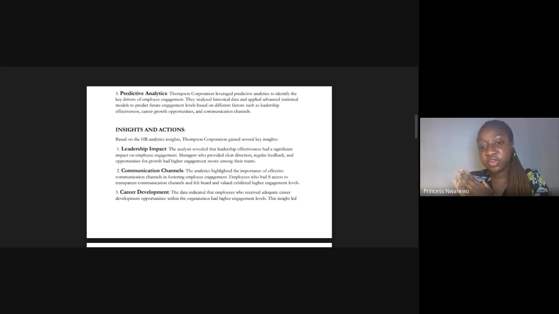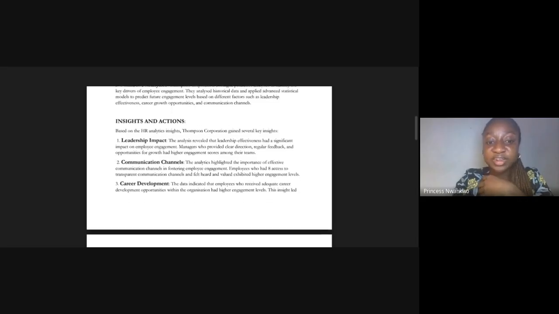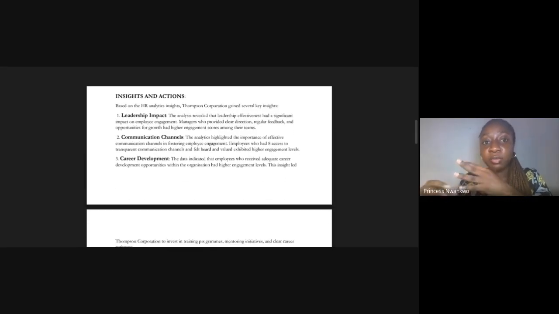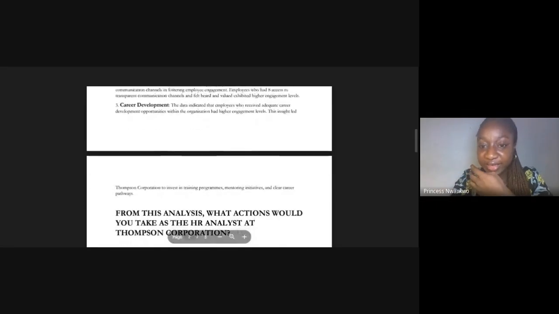Another thing discovered from the analysis was the importance of effective communication channels. They noticed that employees who had access to transparent communication channels exhibited higher engagement levels, which makes sense, right? Finally, employees who received adequate career development opportunities within the organization had higher engagement levels.